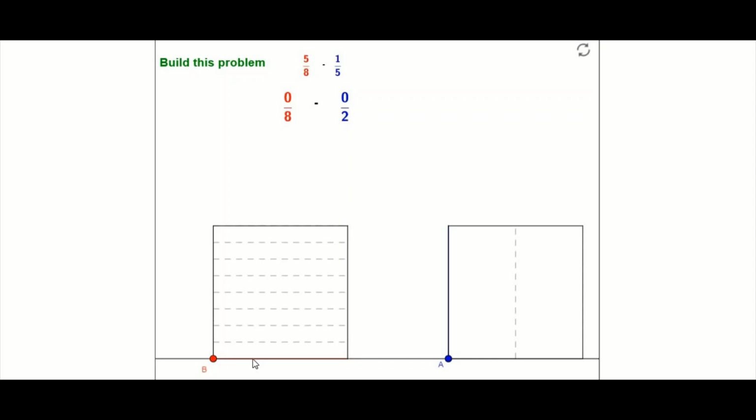Now I need to shade 5 parts out of the 8 equal parts. 1, 2, 3, 4, 5. Now I need to divide this rectangle, which is the blue one, into 5 equal parts. 3, 4, 5. Now I need to shade 1 part out of the 5.